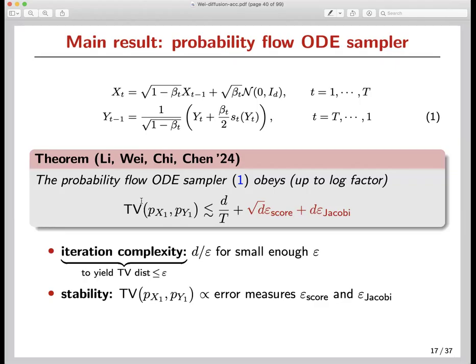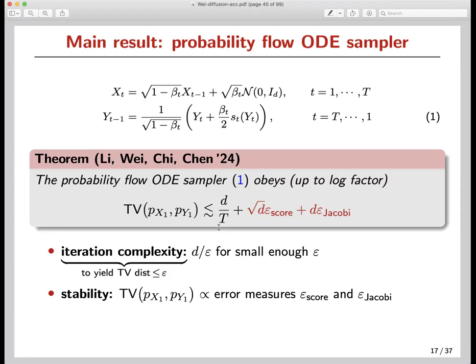Okay, and you can see that our bound is stable with respect to the estimation error. Given the estimation error, it appears on the right-hand side of this TV bound.